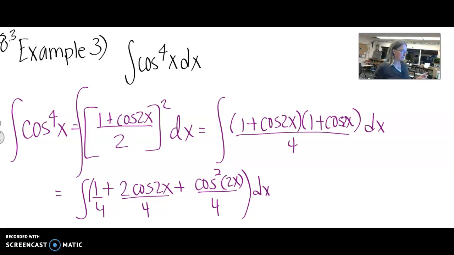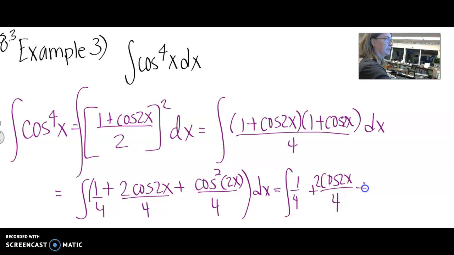then we have another cosine squared here, so we have to use the identity again, and we end up with 1/4 plus cosine of 2x, 2 cosine of 2x over 4.